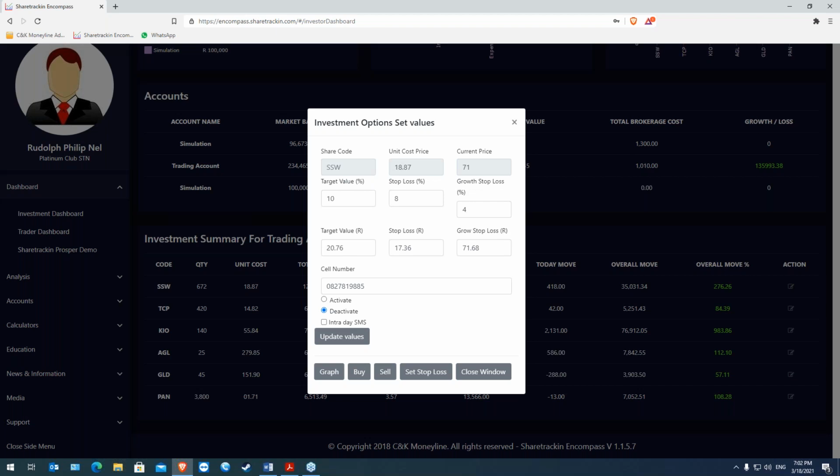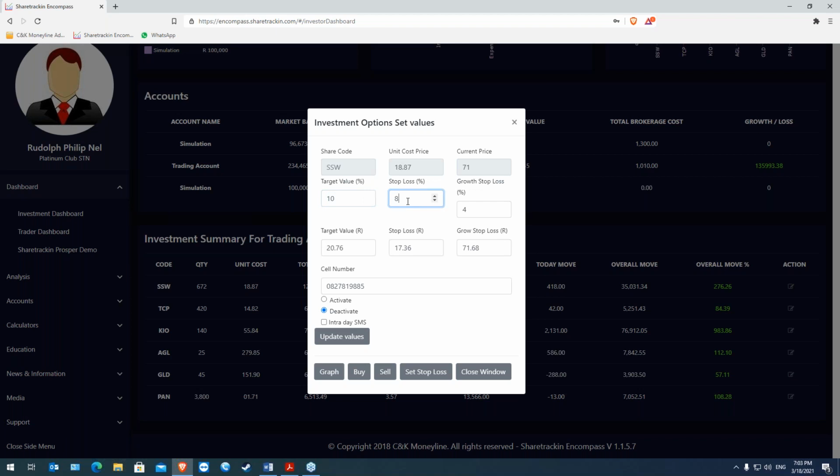So once it reaches your stop loss percentage of 8%, or let's say 10% or 4% or 5%, depending on how much you're willing to lose on your initial investment value or trade value, you need to set that percentage. You need to ask yourself, what percentage am I willing to lose on this share if the share goes down?